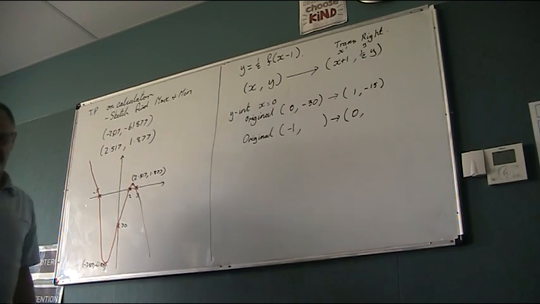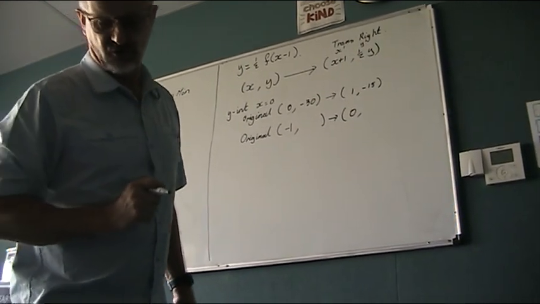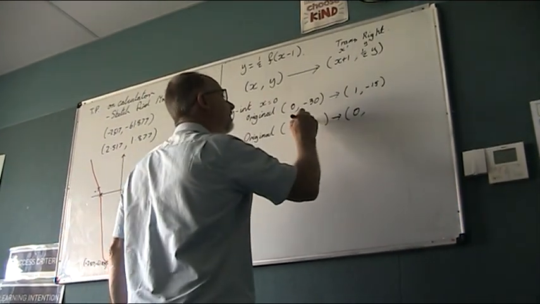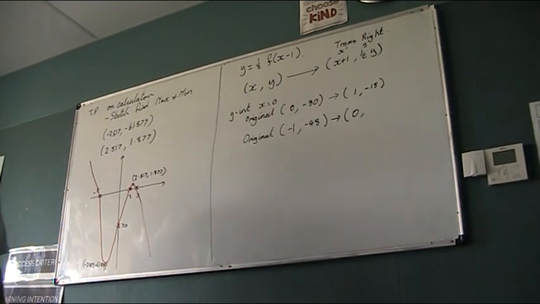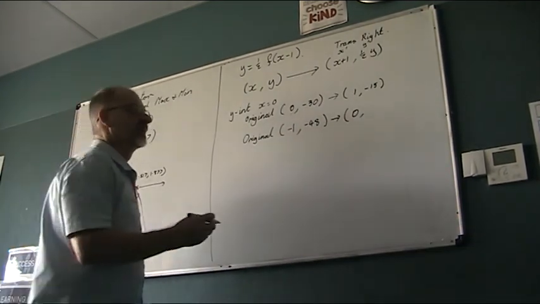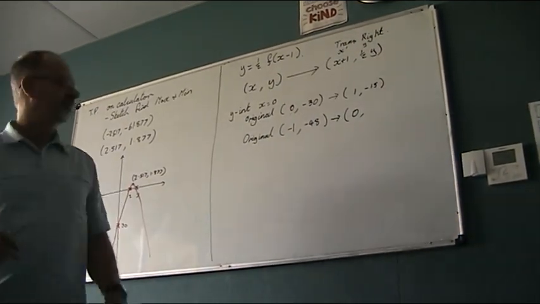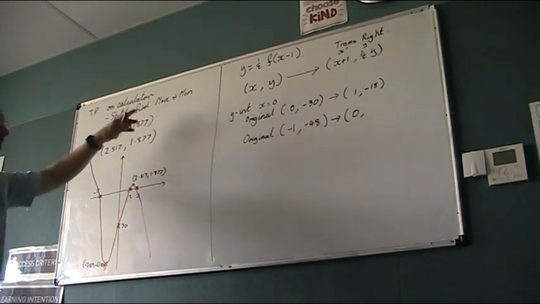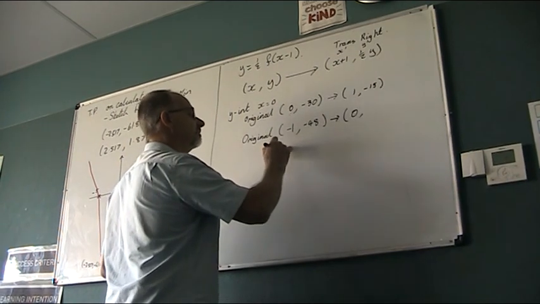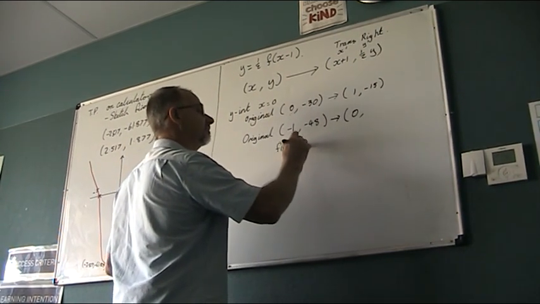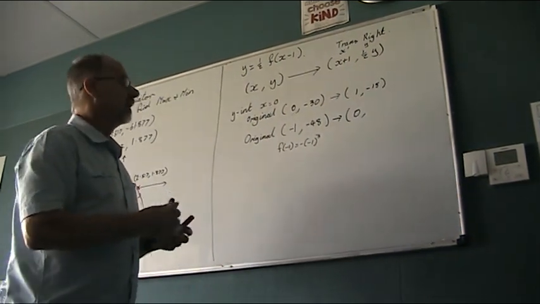So when you do that, because I've prepared one earlier, you get -48. Why do you get -48? Because I've prepared it earlier. If I put -1 into that original function, the negative x cubed plus 19x minus 30. But why is that now the turning point? It's not the turning point, it's the y-intercept.